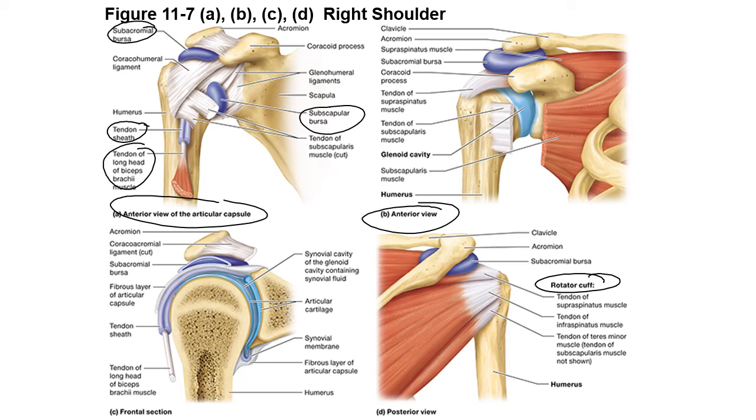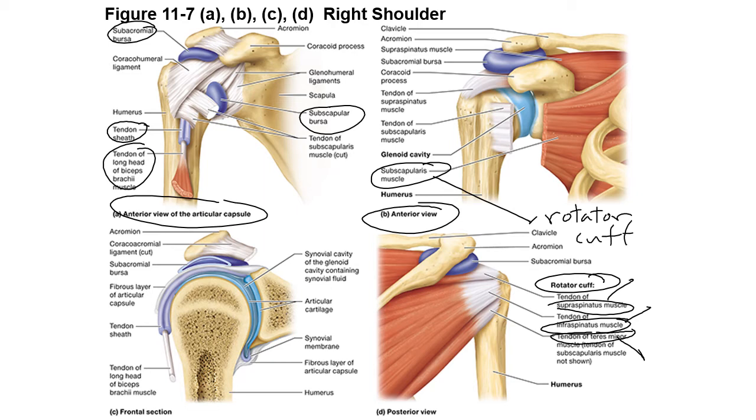We have the supraspinatus, the infraspinatus, and the teres minor there. And then this is the anterior view, so here's your subscapularis. So supraspinatus, infraspinatus, teres minor, and subscapularis, those are all the rotator cuff muscles.